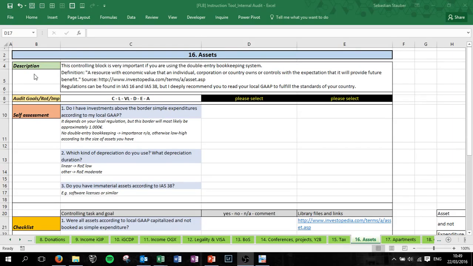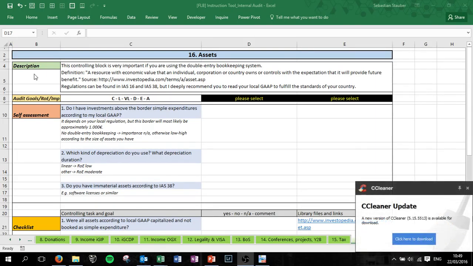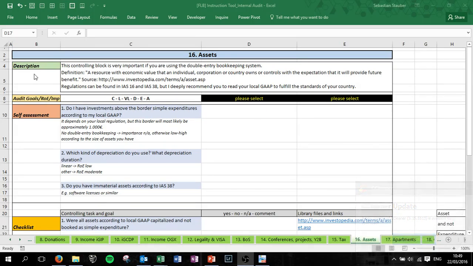So if you have something very big in your office, for example a machine which costs a lot of money, and you expect that it will provide future value, that means it is an asset for you and you cannot simply treat it as an expenditure, but it is an asset which will be in your entity for longer terms. The audit goals are several, so just take a look into that.